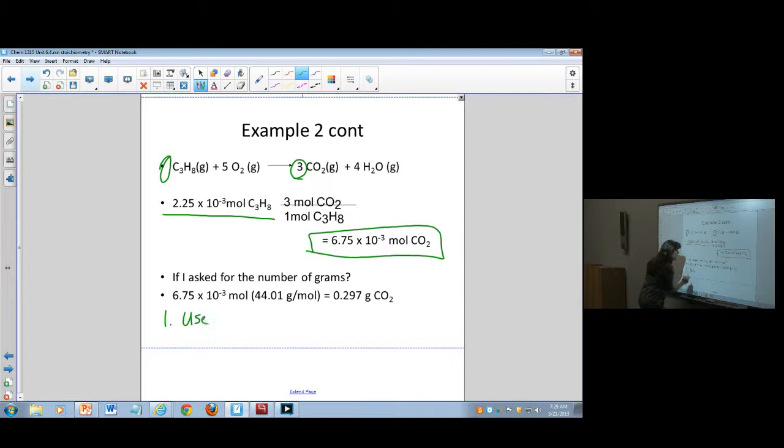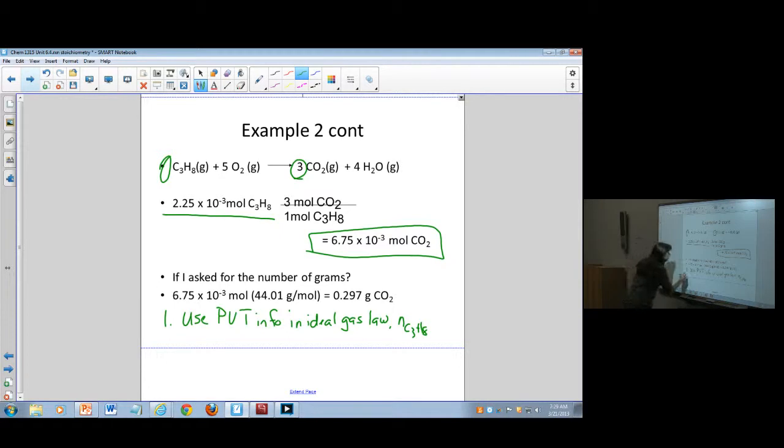Okay, so in this problem, we used the P, V, and T info in the ideal gas law. And that gave us n of, in this case, the reactant C3H8.